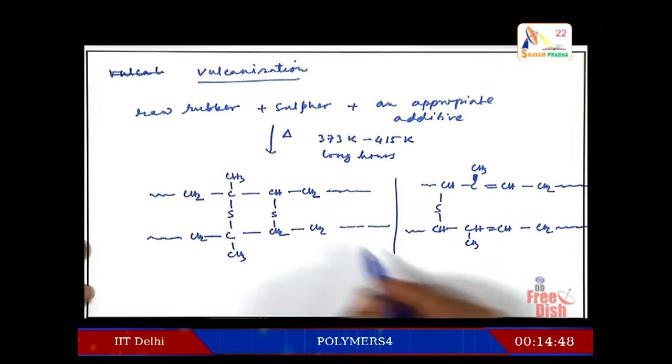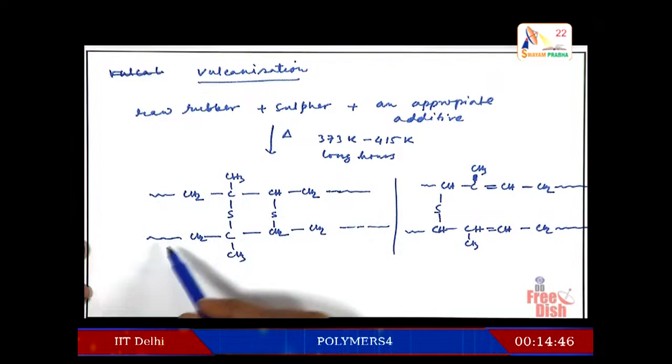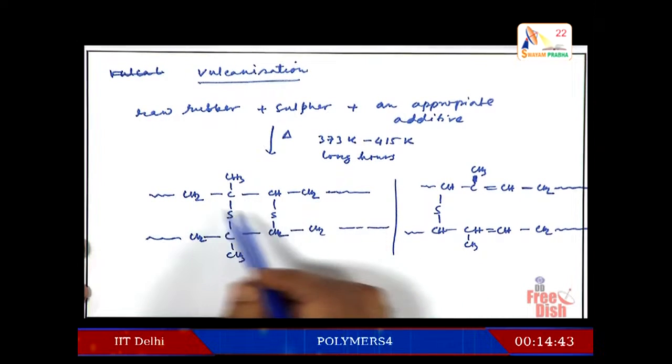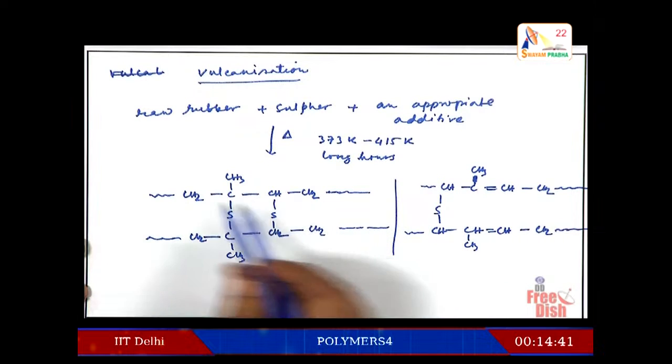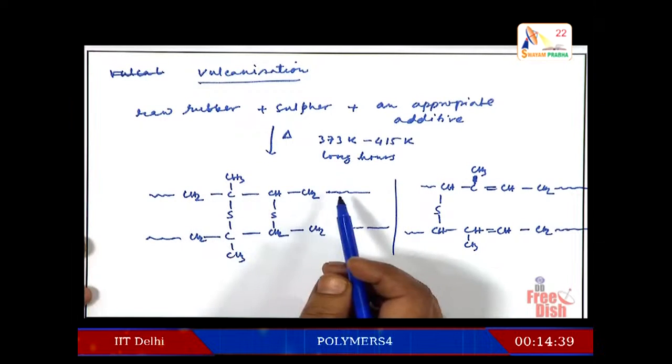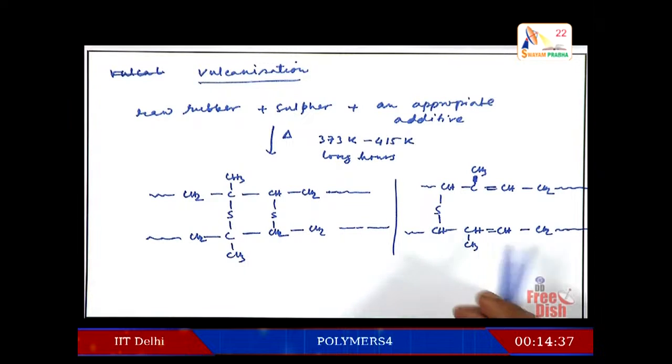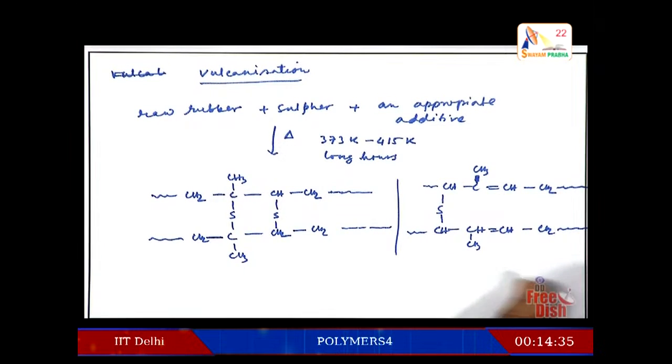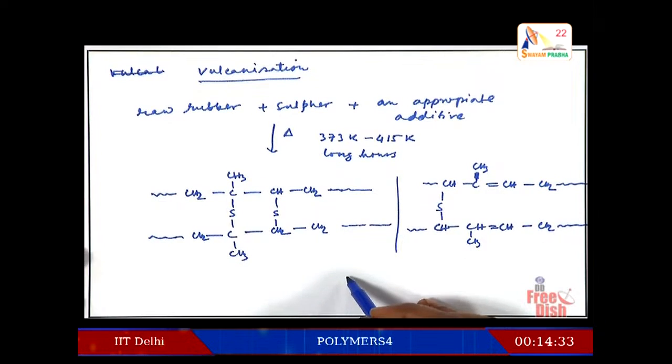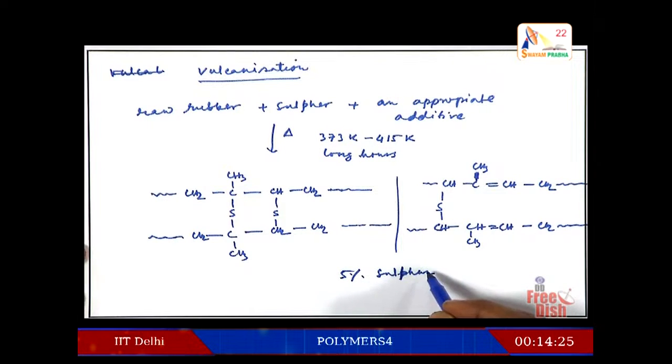so, these are basically cross links happening between two natural rubber chains, which are nothing but polyisoprene, cis-1,4-polyisoprene, what we talked about earlier. And if you add 5% sulfur to the rubber, it cross links heavily, and it can be used for tire application.